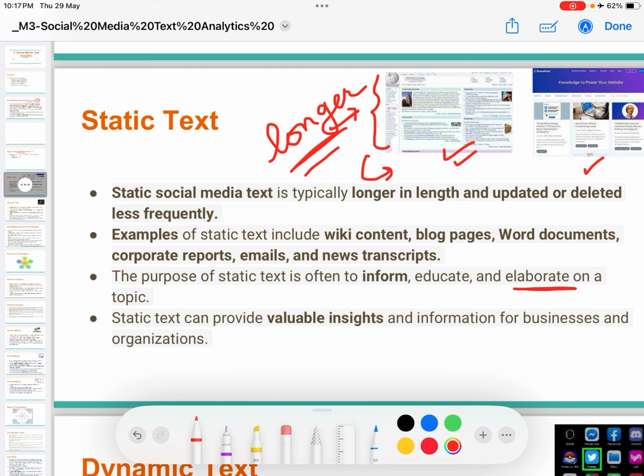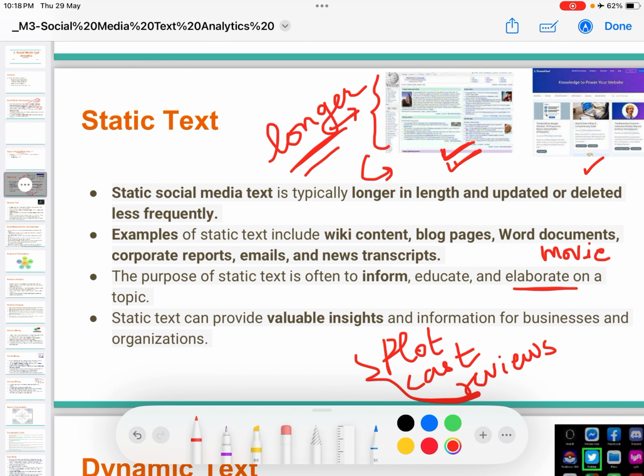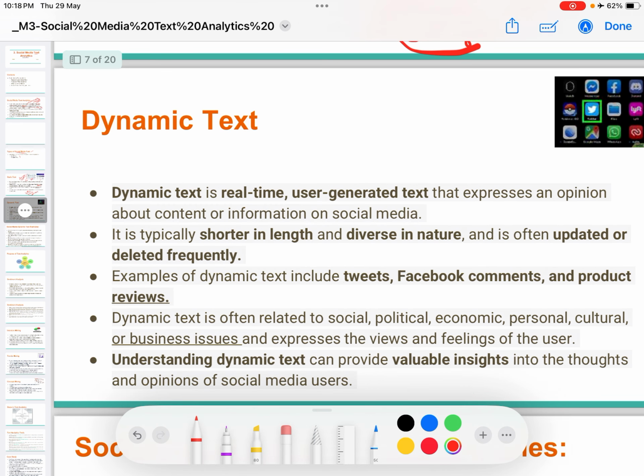So when I search for a movie, the Wikipedia page will elaborate about that movie, giving me the plot, the cast, the reviews, etc. So I will get proper lengthy, elaborate information about the topic. Static text can provide valuable insights and information for businesses and organizations.